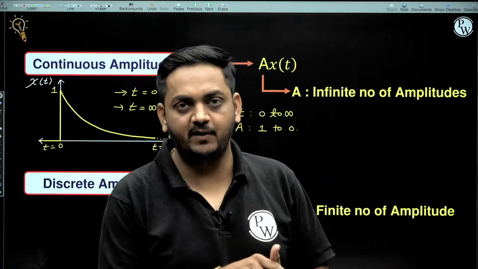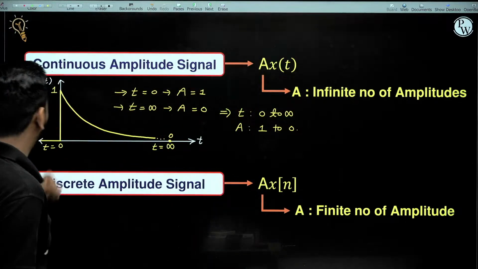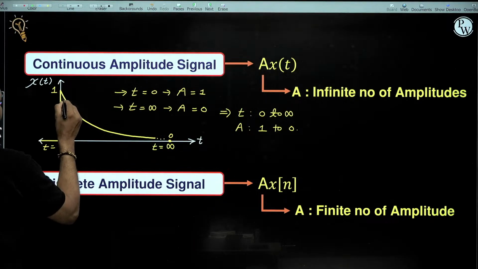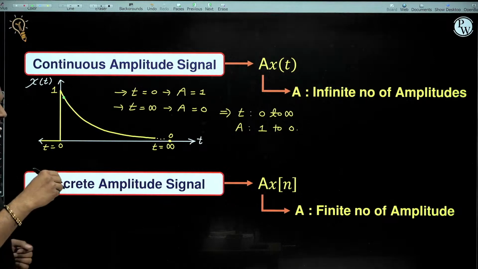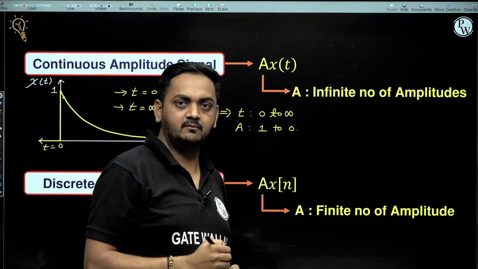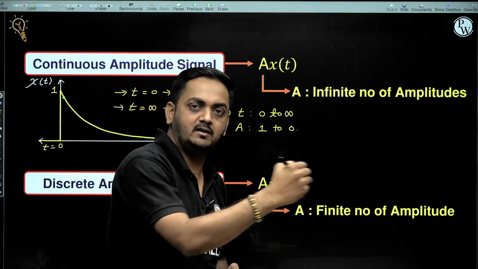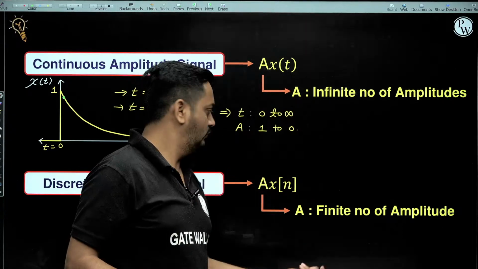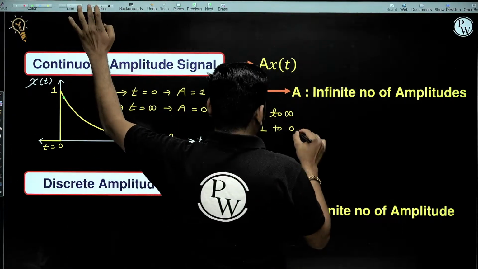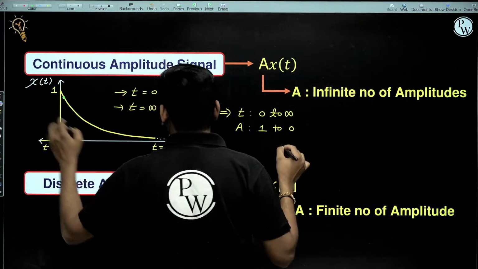Of course, infinite possibilities. Like here 1, then the next point you can take 0.999998, then you can take 0.99995 and so on. So of course there are infinite numbers of amplitudes.